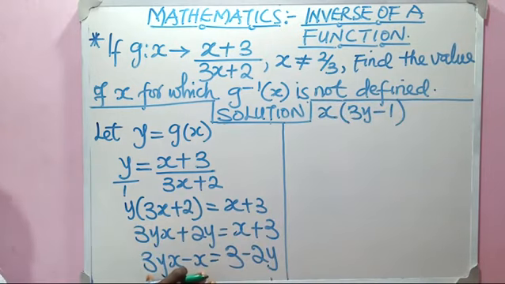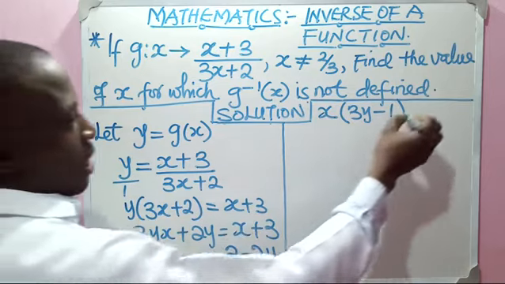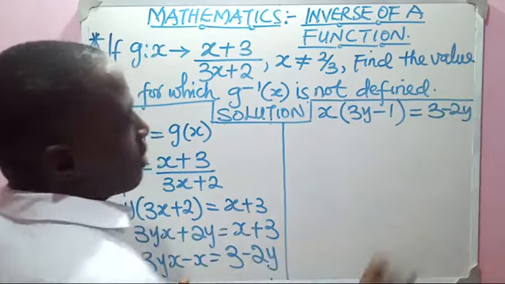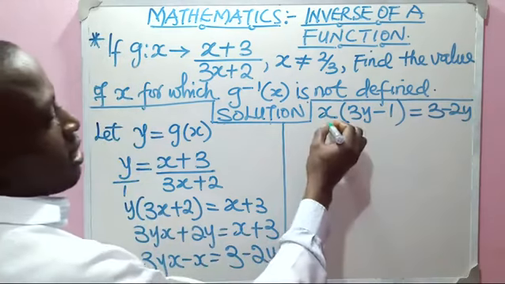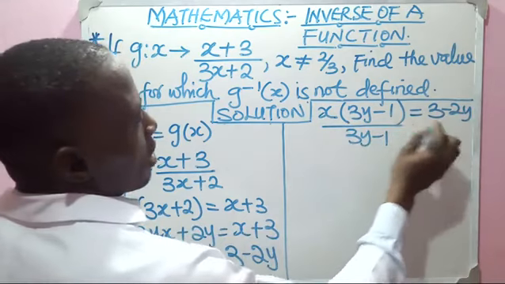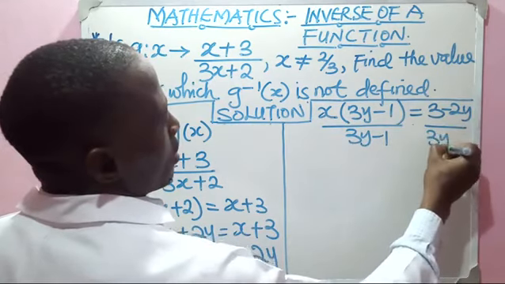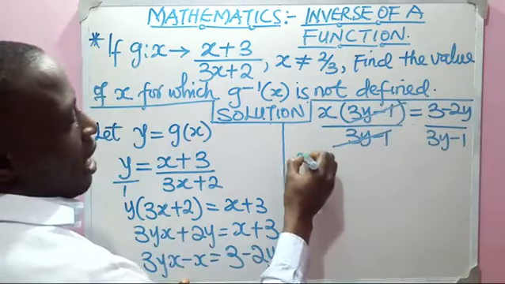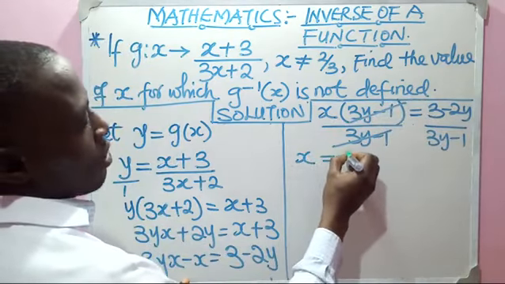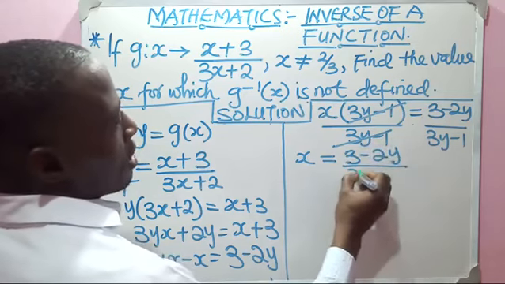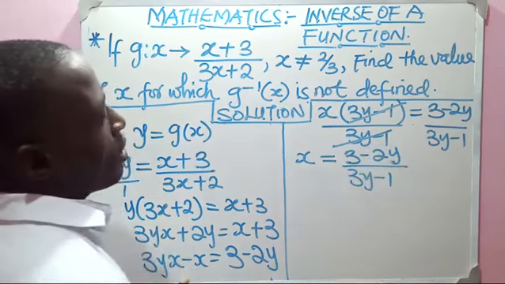If I take out x, I'll be left with 3y minus 1 equals 3 minus 2y. So if I divide both sides by 3y minus 1, this will take care of this. X therefore is equal to (3 minus 2y) over (3y minus 1).